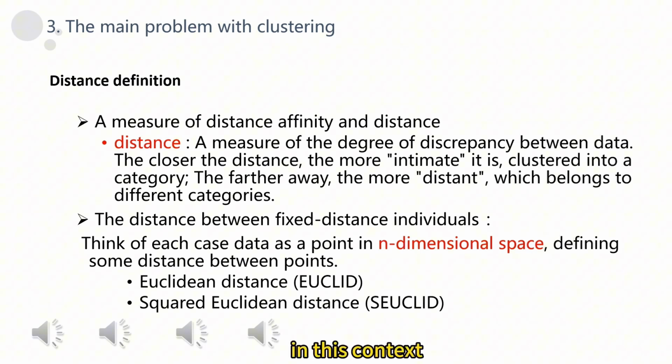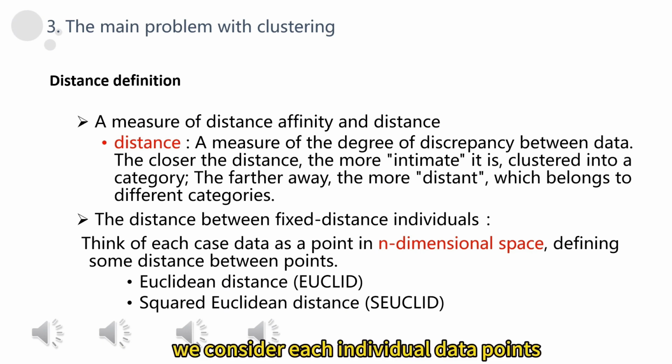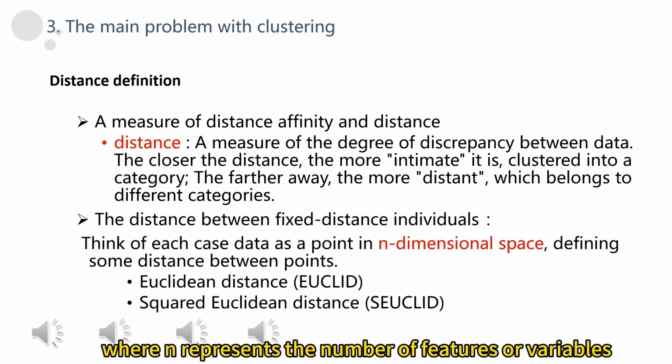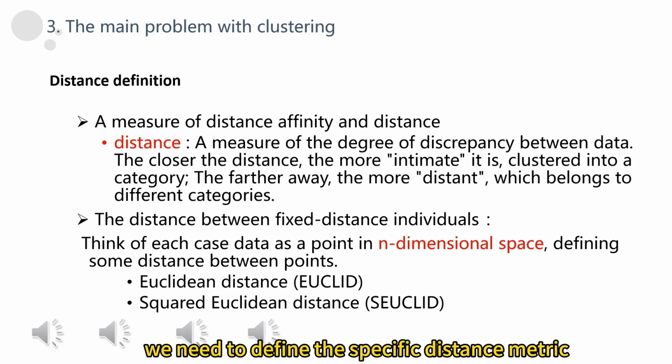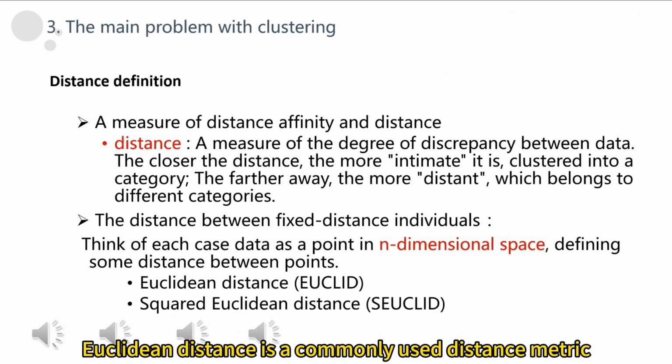In this context, we consider each individual data point as a point in n-dimensional space, where n represents the number of features or variables. To measure the distance between these data points, we need to define a specific distance metric. Euclidean distance is a commonly used distance metric.